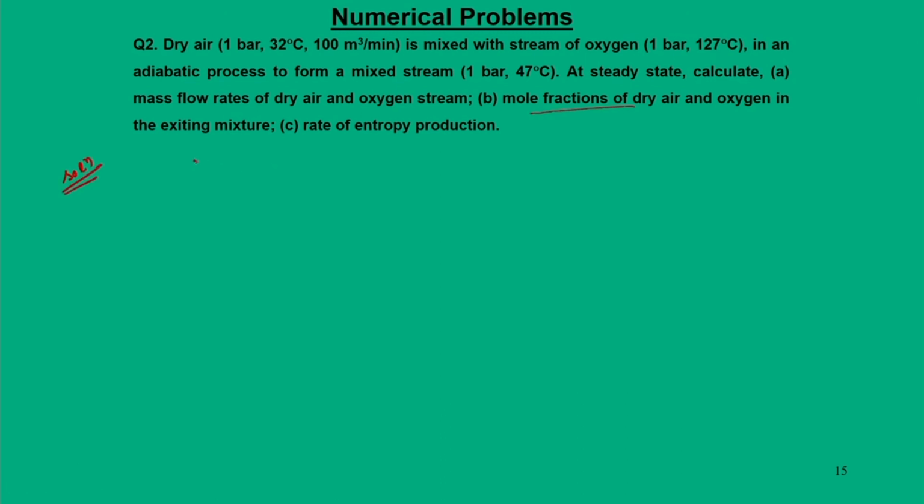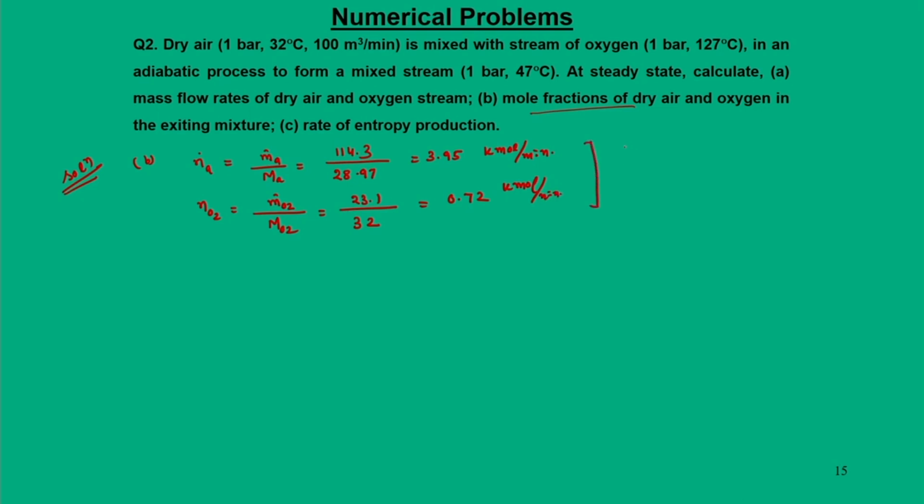So n dot A is equal to m dot A by MA, that is the mass of air 114.3 divided by the molecular weight of air 28.97, this is 3.95 kilomole per minute, and n dot O2 is m dot O2 divided by the molecular weight of O2, that is 23.1 divided by 32, it is 0.72 kilomole per minute.